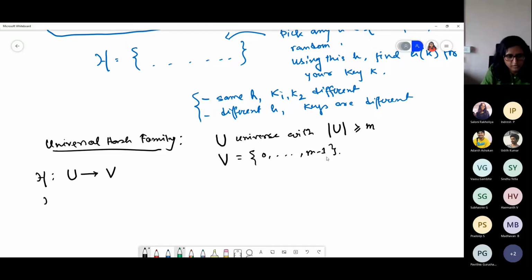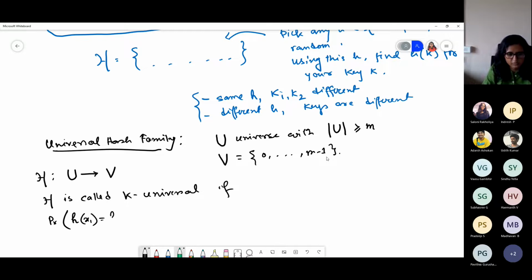So H is called k-universal if the probability that h of x1 equals h of x2 equals h of xk, if I have k different keys, is less than or equal to 1 by m to the power k minus 1.